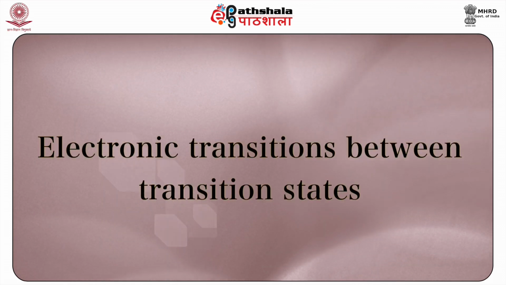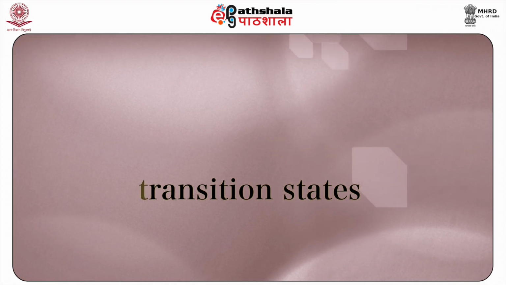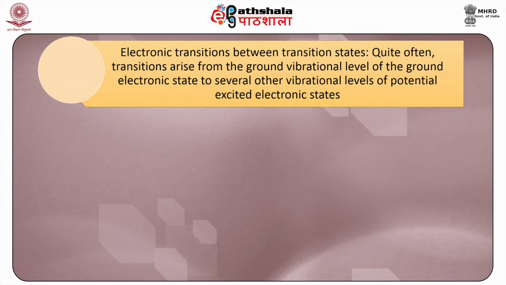Next, we are going to discuss the electronic transitions occurring between transition states. Quite often, transitions arise from the ground vibrational level of the ground electronic state to several other vibrational levels of potential excited electronic states.